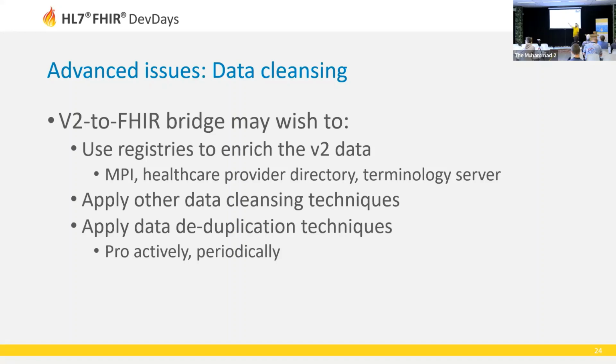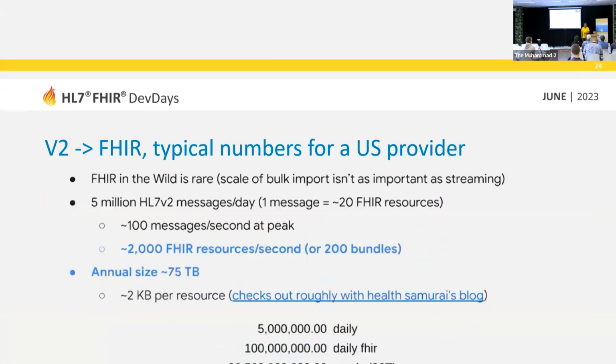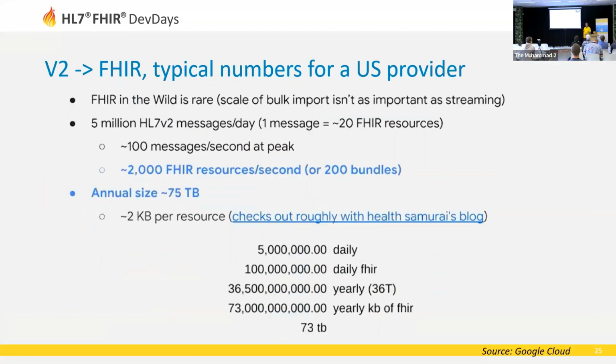Data deduplication techniques. I cannot mention that often enough, because it's going to happen. In the version 2 to FHIR space, it's very difficult to avoid the creation of duplicates. Now, to show you that this is not just theoretical, this was from actually a Google slide, and Google actually talked yesterday about version 2 to FHIR transformation in their keynote as well.